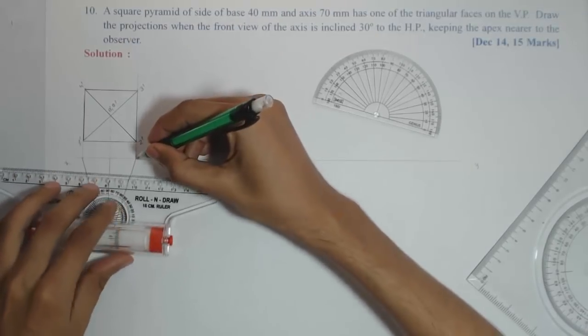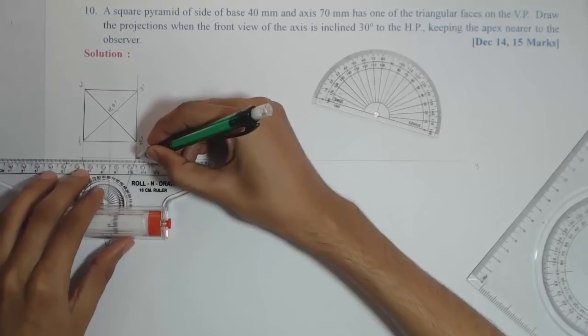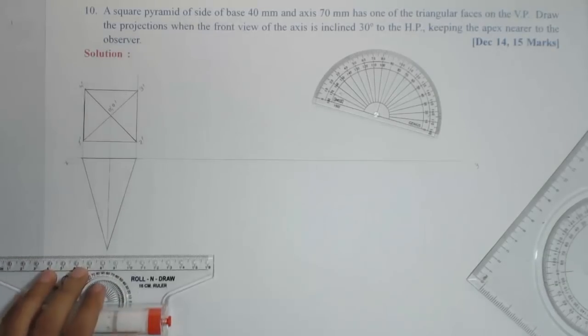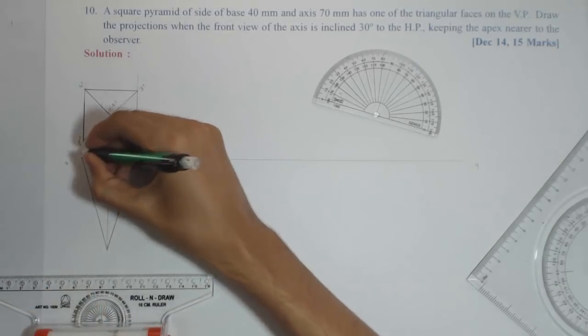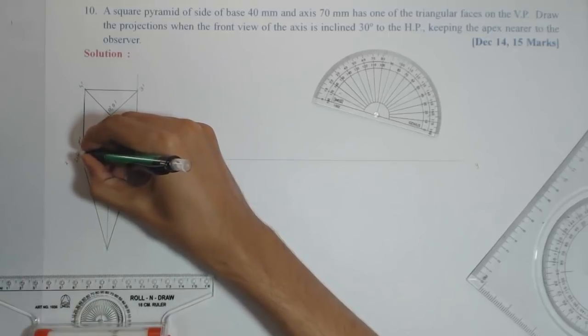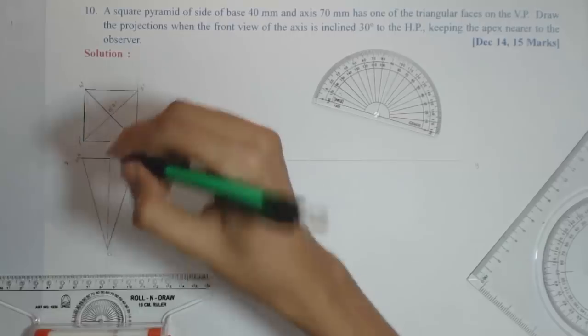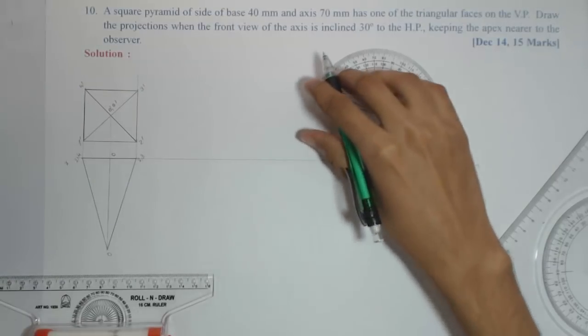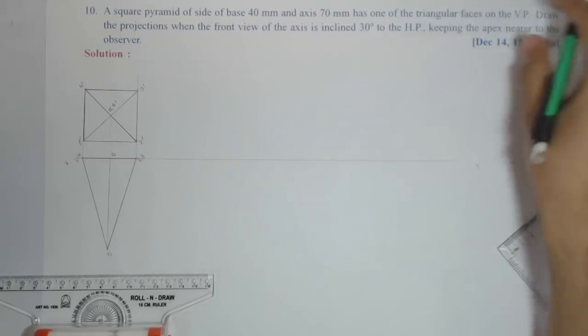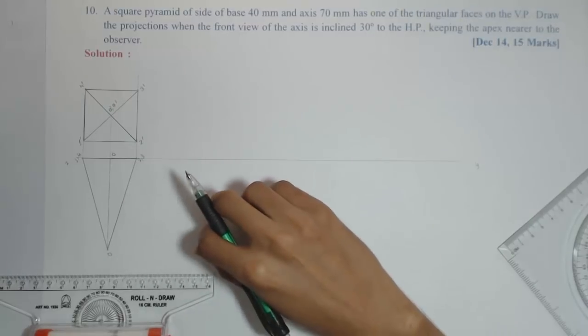Then finally the base. Then we will complete the top view: 1, 4, then 2, 3, then apex O, then the center of the base O. Okay. Now the next stage, which is redrawing the top view.